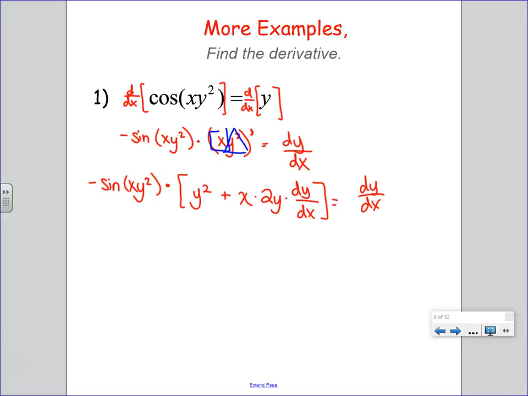Ah, guys, we got to get dy dx alone. Ideas? Divide by y squared. Yeah, but if I start dividing by this, you see how he's only in one piece? I could divide this whole.